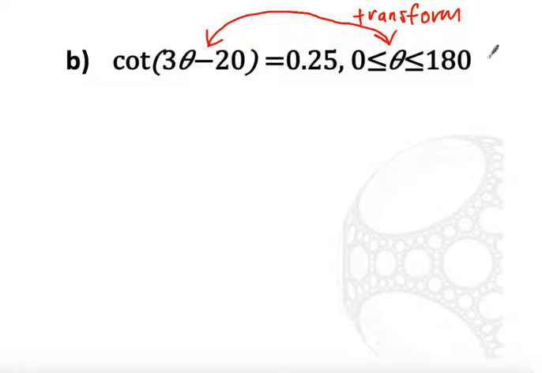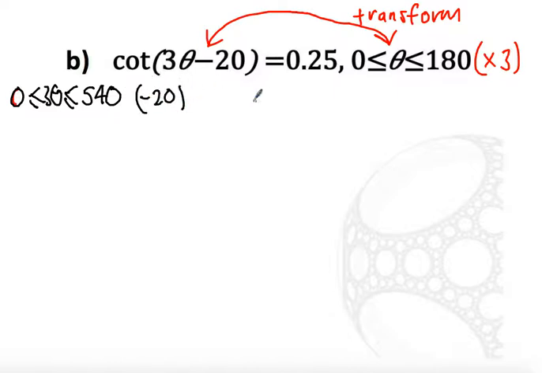So what I'm going to do here is times by 3 first of all, so that I get 0 less than or equal to 3 theta less than or equal to 540. Let's do this in black because this is part of the question, it's not additional notes. And then I'm going to subtract 20 from both sides, and then I get the range matching up.